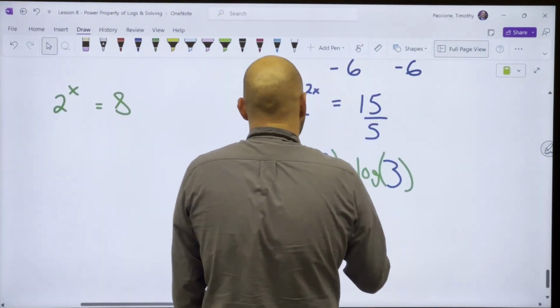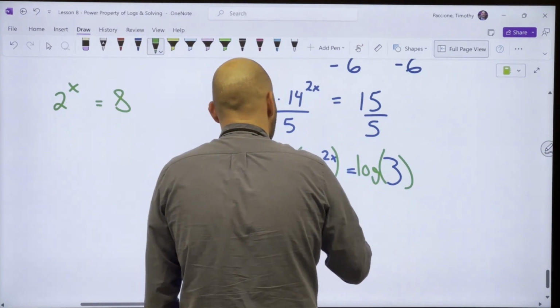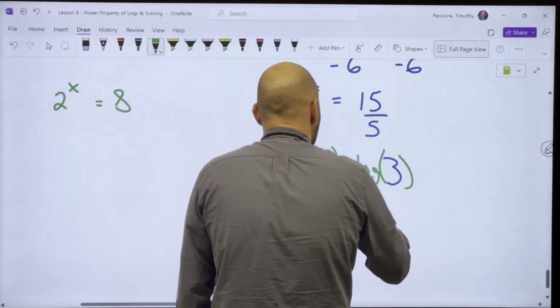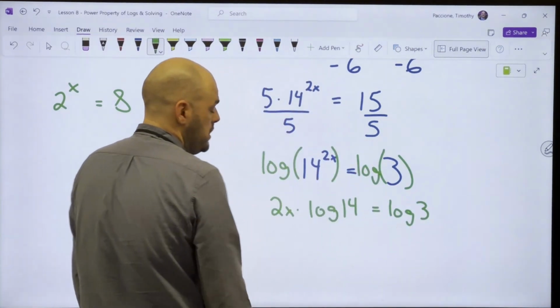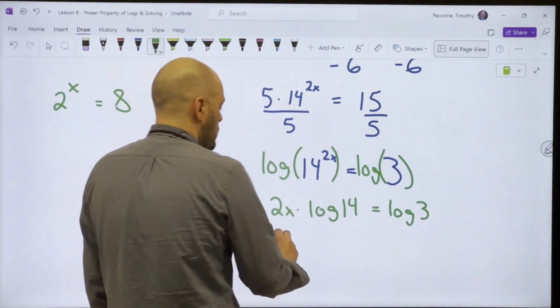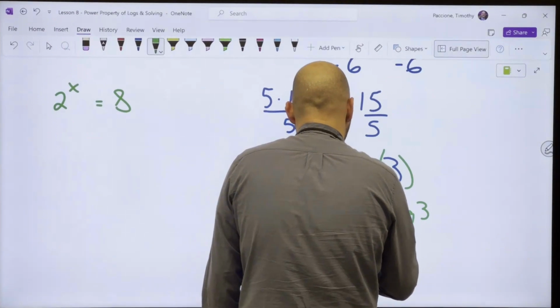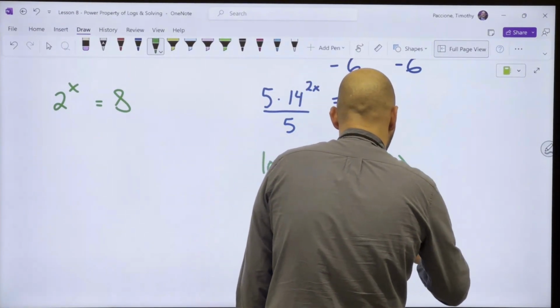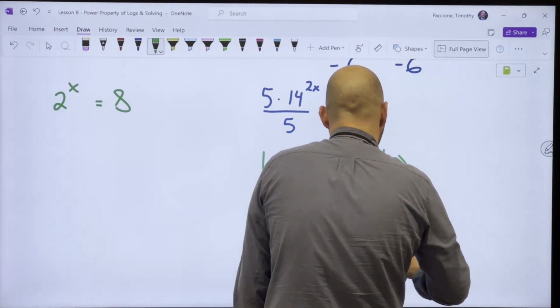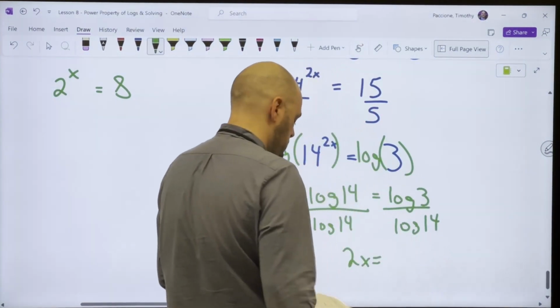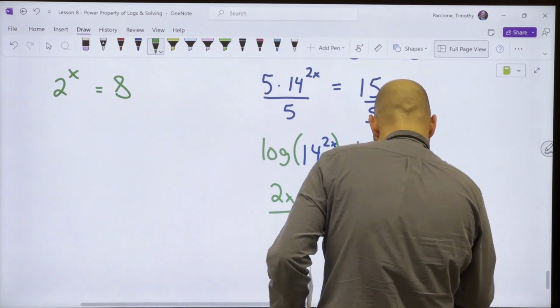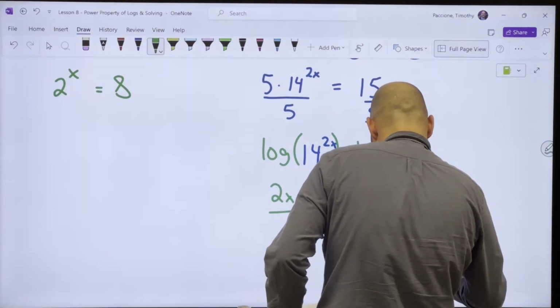And I get 2x times log of 14 equals log of 3. Now I would divide by log of 14. Divide by log of 14. And I get 2x equals, anybody? 0.416.